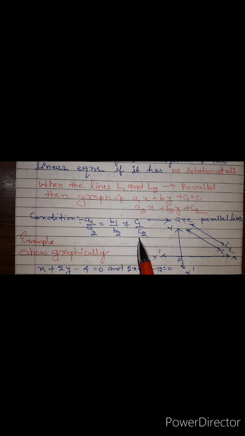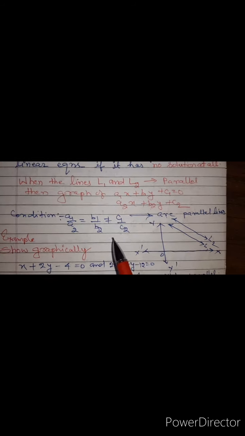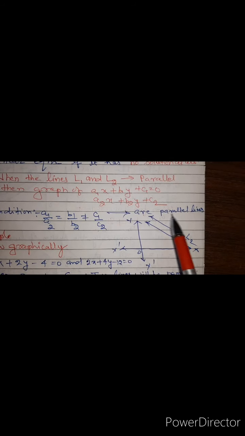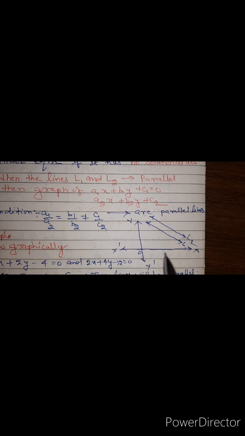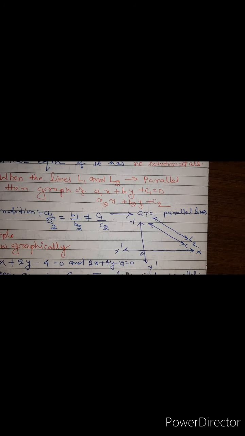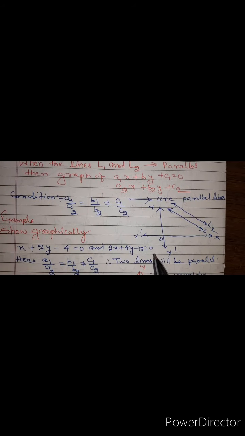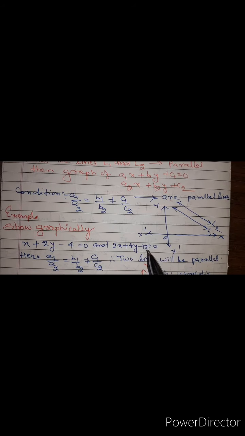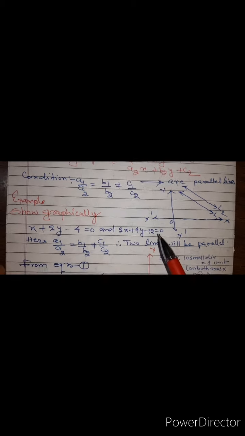If, student, the condition follows like this, then the graph lines will be parallel to each other. Look here, I have shown it, but I want to clarify once again by taking an example.